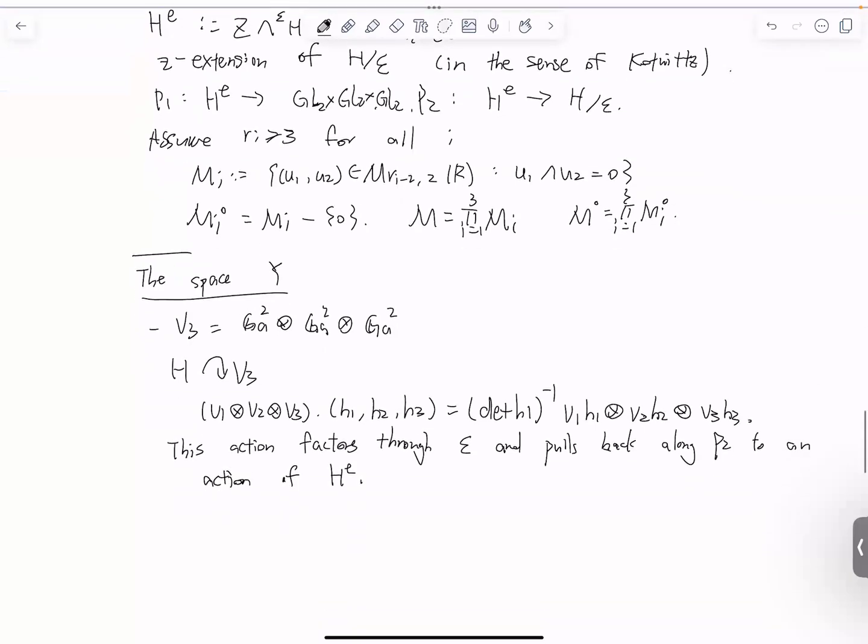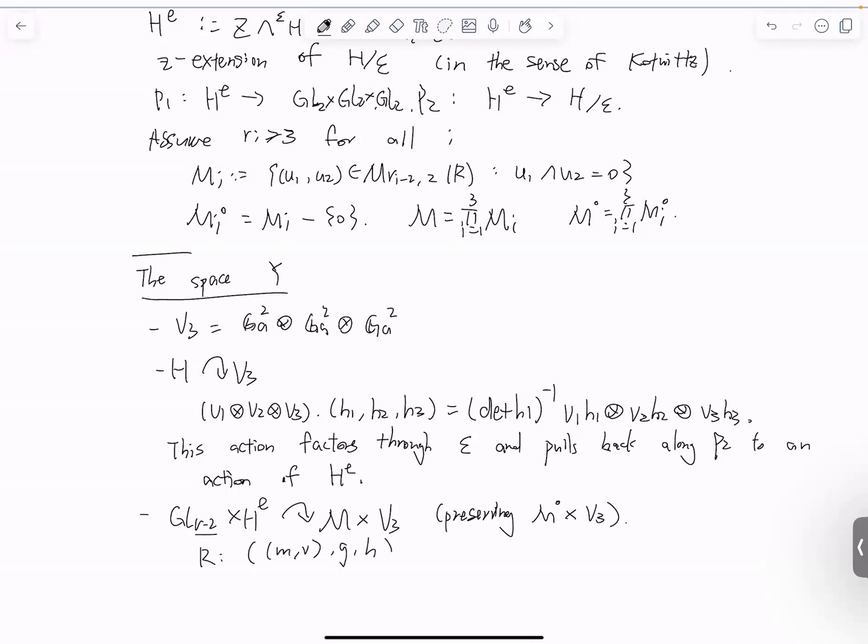And then we have an action of GL R minus 2 underline, which are the 3 copies of R1 minus 2, R2 minus 2, and R3 minus 2, cross HE, acting on M cross V3. This is preserving M cross V3 by this action sending (M, V, G, H) to (G transpose M P1(H) inverse transpose, V P2(H)).